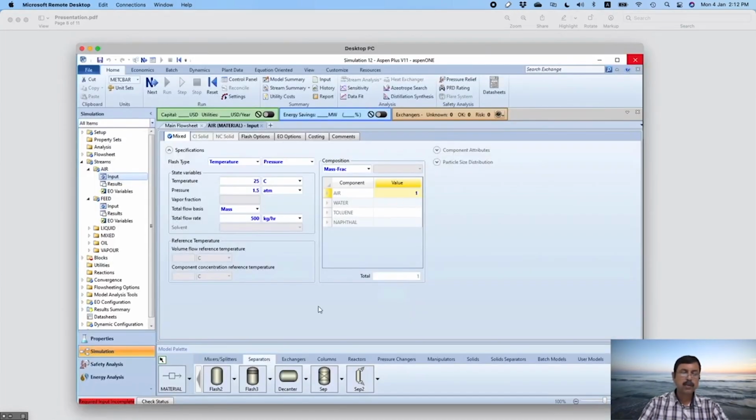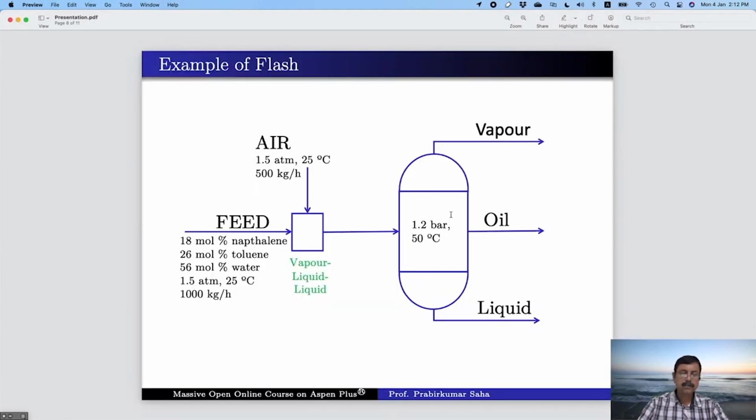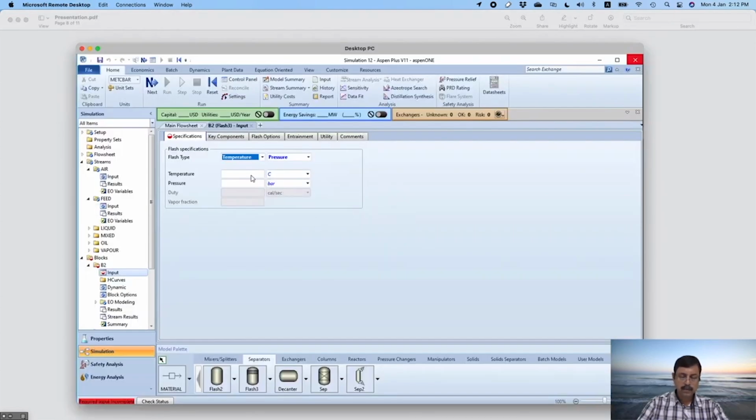Now let us go to next. Now the flash input: it is asking for flash, we know it is 1.2 bar and 50 degrees centigrade. Now it is ready to run because all the parameters are now fixed.